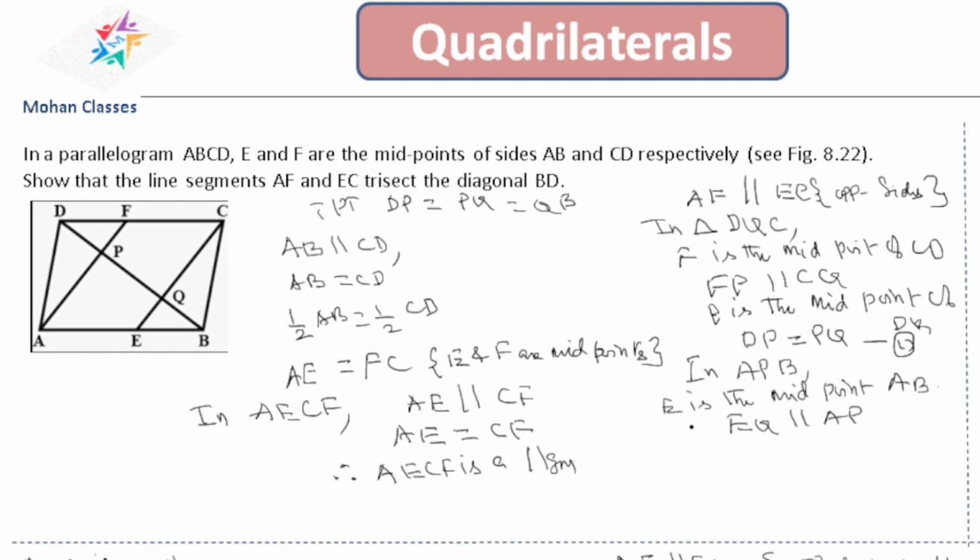That is the theorem. So that means Q is the midpoint of PB. Clear? So if Q is the midpoint of PB means PQ is equal to QB.